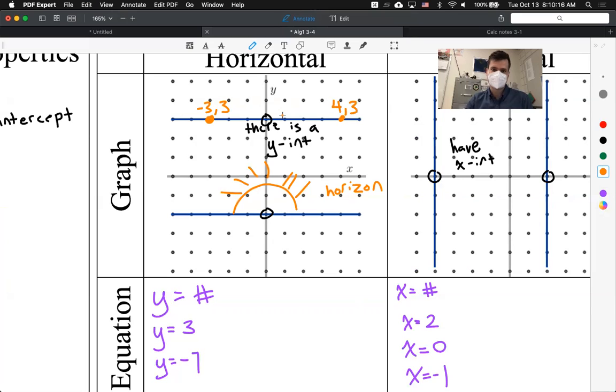If I look at this point right here, the x coordinate is 1, the y coordinate is 3. The y coordinate is always 3. So this equation right here, y equals 3, is this line. Because every single y coordinate is 3. It's literally saying, hey, all the y coordinates are 3. This equation down here is saying all of the y coordinates are -7. I can have any x that I want. There are an infinite number of x's.